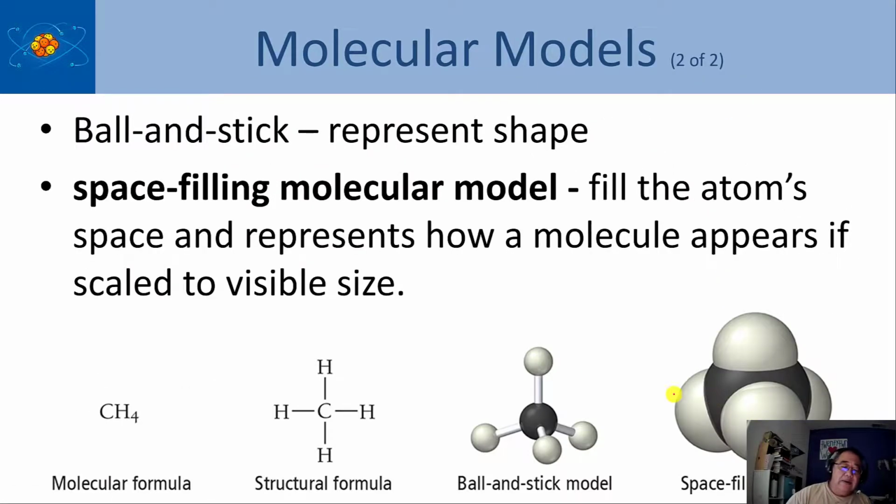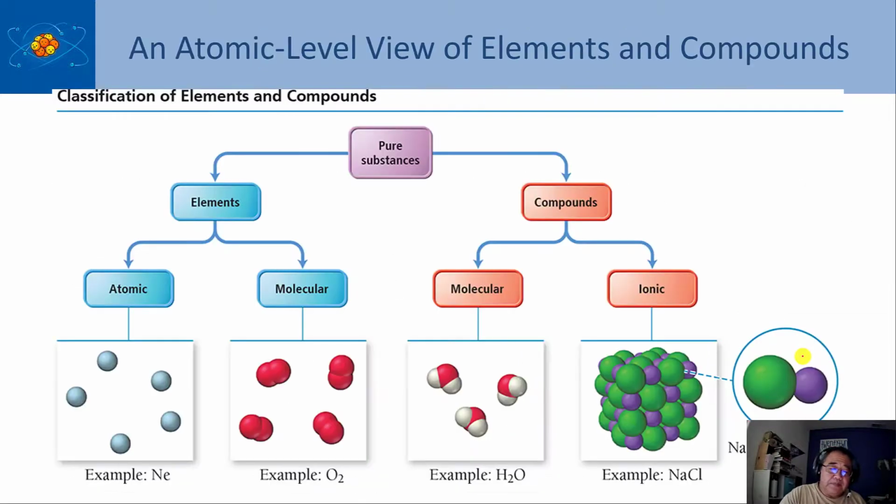And so in molecular models, we have a ball and stick model, and we have space-filling models. Models try to represent three-dimensionality. And then you can actually buy kits that have the atoms with the color codes to show the actual shapes of the molecules.